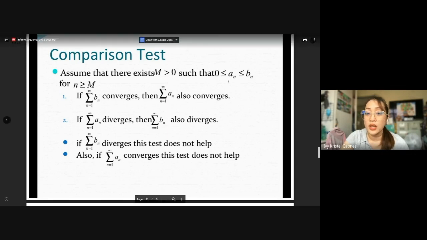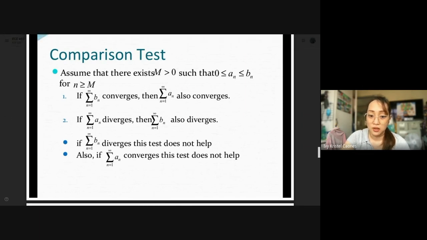And if your a sub n diverges, your b sub n also diverges. But if your a sub n converges or diverges in the opposite direction, it doesn't mean that the other will follow. Ganun din, if your a sub n converges, hindi din natin masasabi that your b sub n converges.